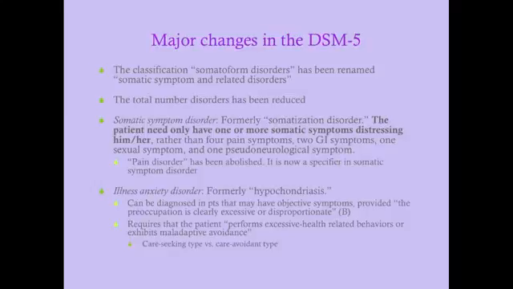So this really robs the test of a way to trip you up, and it's kind of nice. So the patient only needs to have 1 or more somatic symptoms distressing him or her, and if they fit all the other criteria of somatic symptom disorder, which are largely unchanged from the DSM-4 TR criteria of somatization disorder, then indeed they do have somatic symptom disorder.